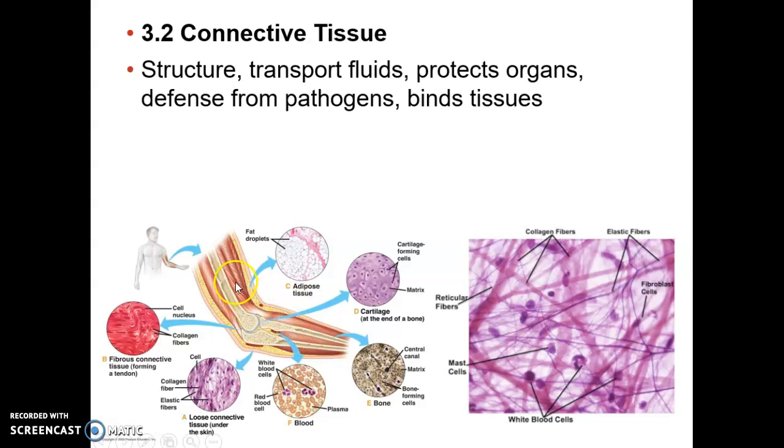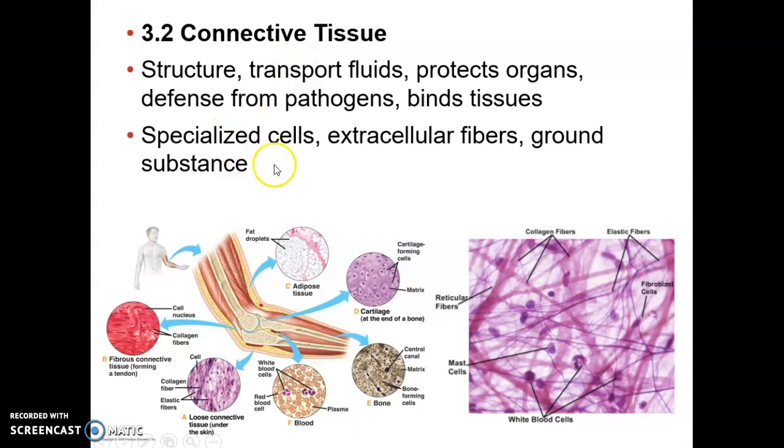Connective tissue helps bind muscles to bone and helps bind bones together with tendons and ligaments, as we'll talk about in this section. There are highly specialized cells. There's extracellular material, whether it's fibers or ground substance.